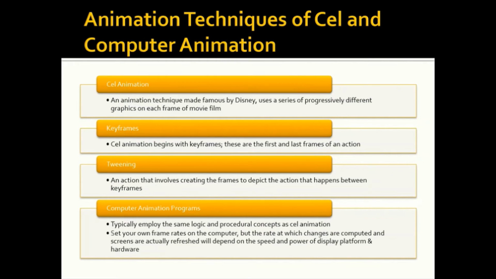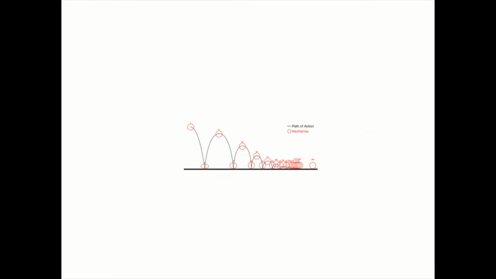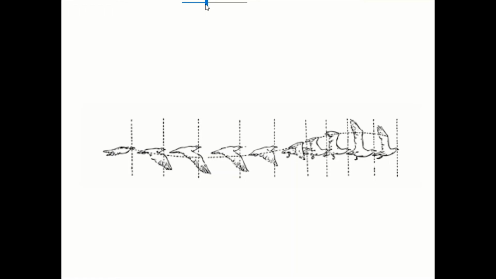Let's look at an example. Let's go back to this example here, and another example here. In a 2D animation software, for example, an animator will need to create an object, in this case, the birds.